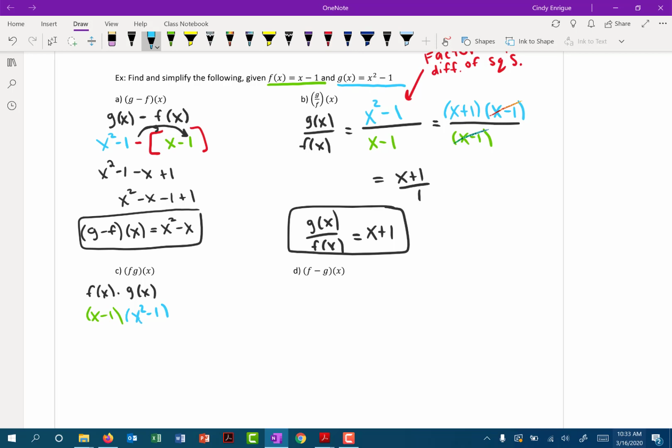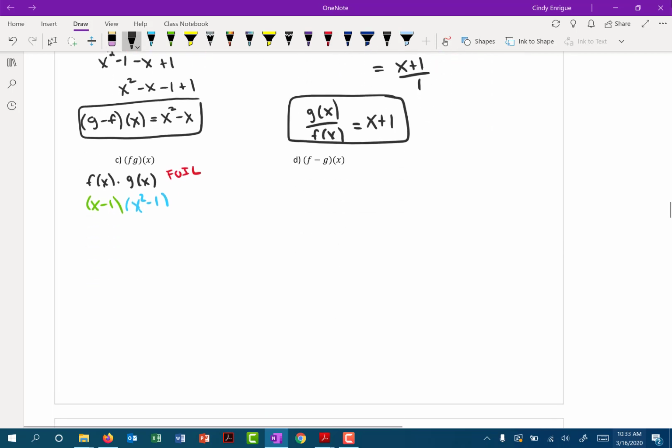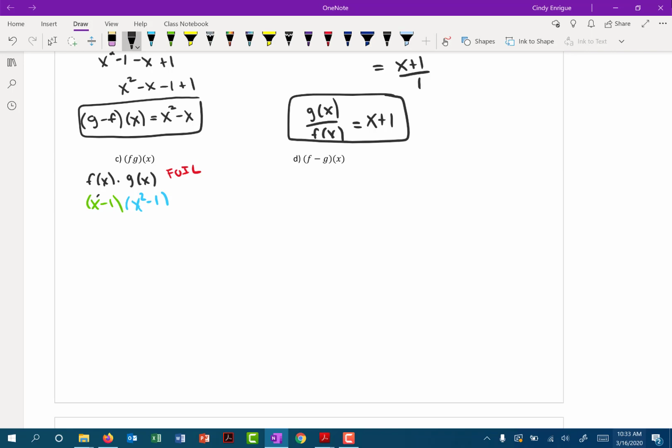Because of that, what I need to do here is FOIL. So hopefully you remember foiling. That's first, outer, inner, last. So x times x squared, that's x cubed. X times a negative 1 is a negative x. Negative 1 times an x squared is a negative x squared. And a negative times a negative is a positive 1.